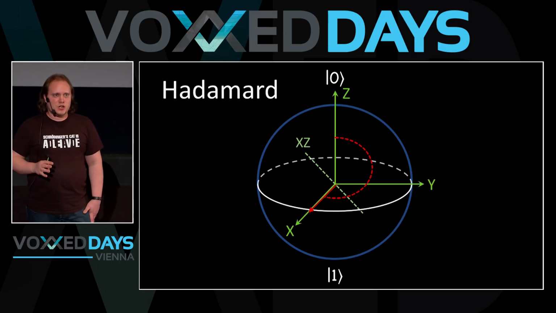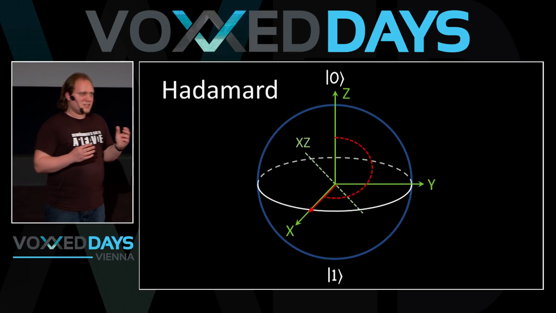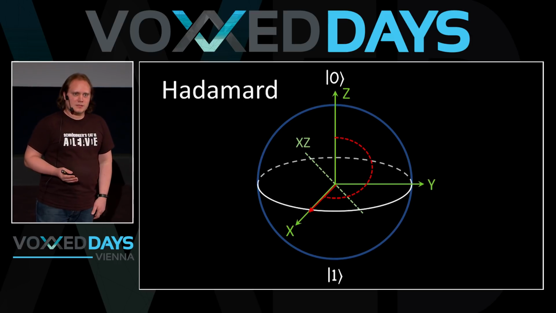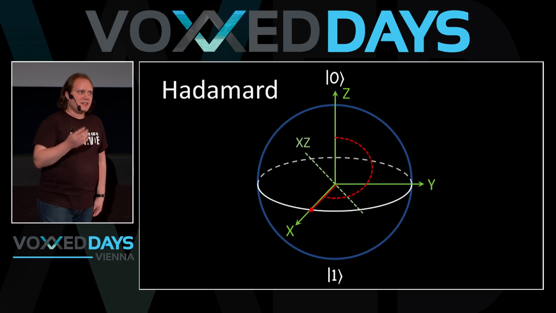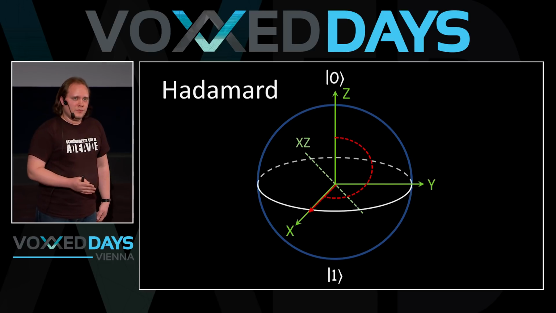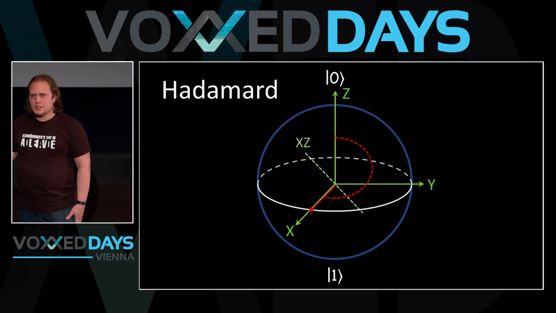If you were to measure the value of the qubit in this state, you would get 0 and 1 with equal probability. So you would get 0 one time you measure, and 1 the other time you measure.